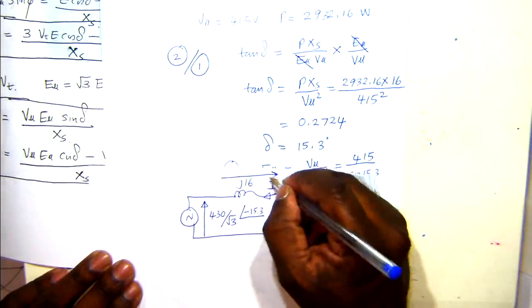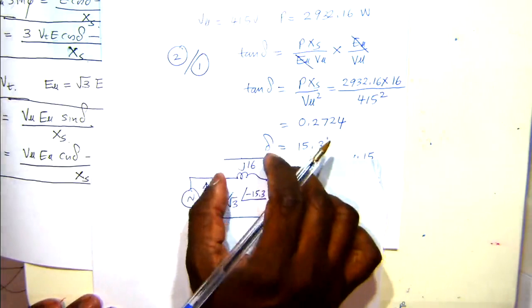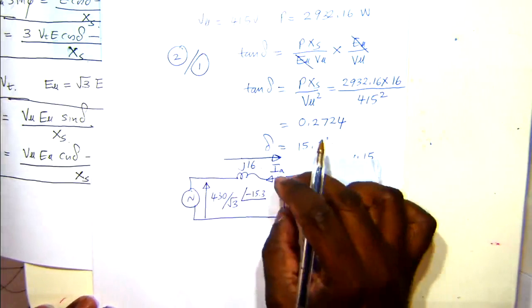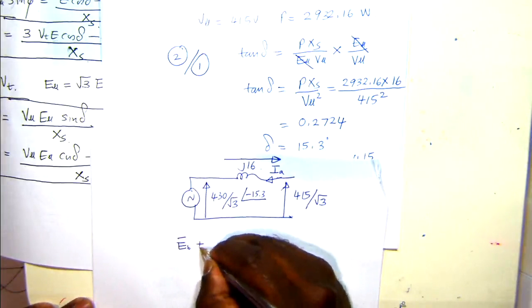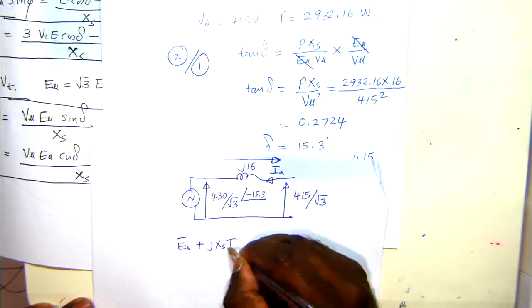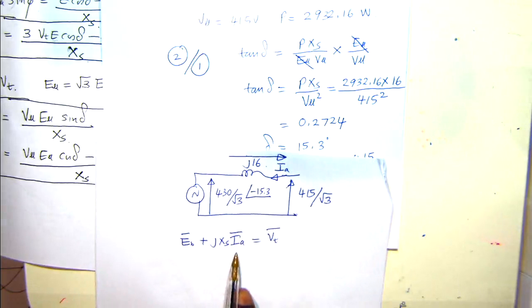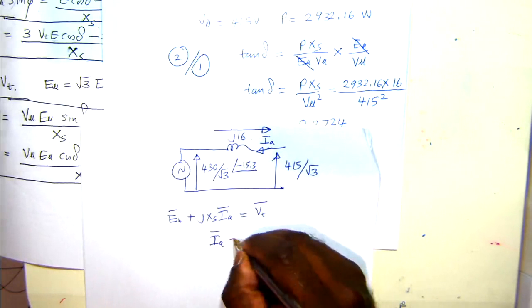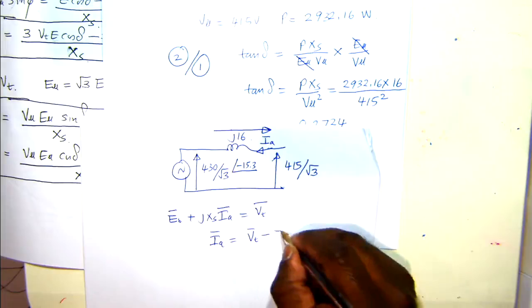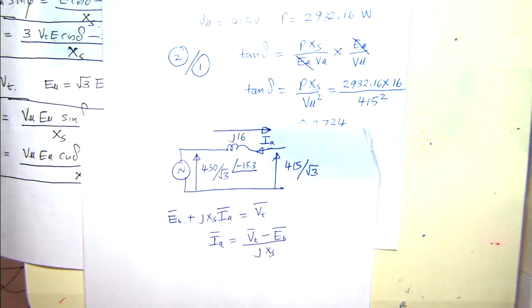So we have a voltage drop across here, so that will be this voltage plus the voltage drop across the reactance equals the terminal voltage. So that's E plus JXS IA equals the terminal voltage. So we want to find the armature current, so that's IA. That will be VT minus EB divided by JXS.